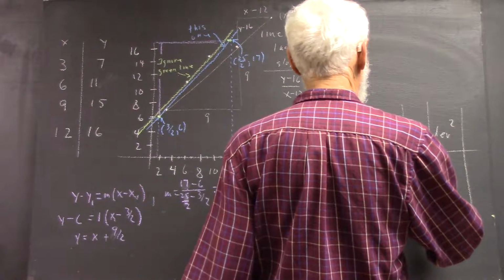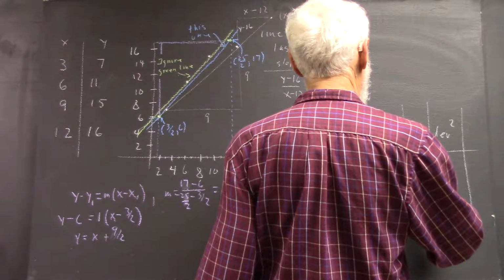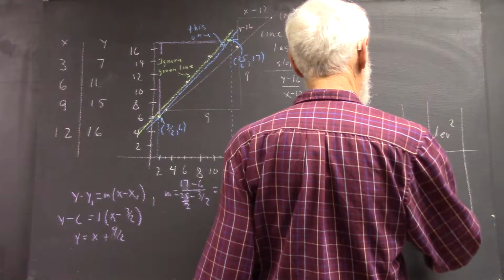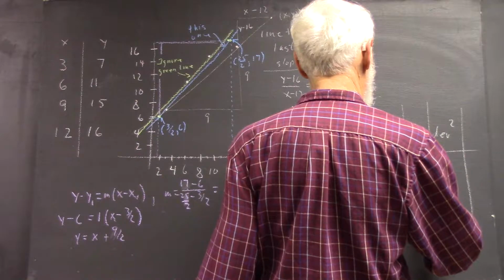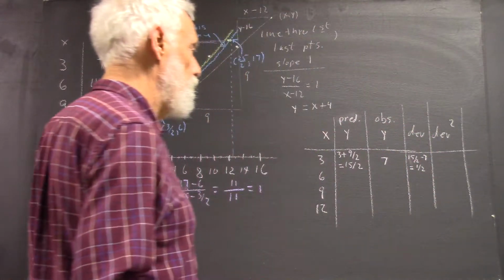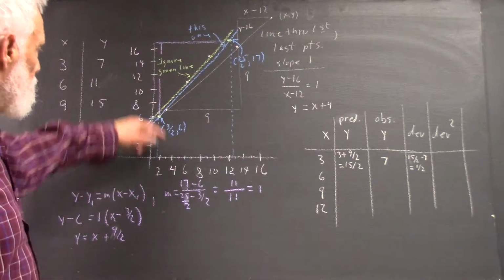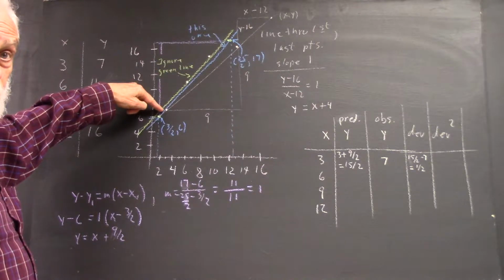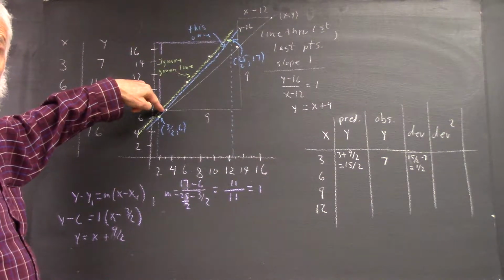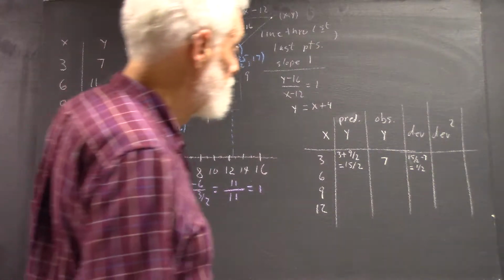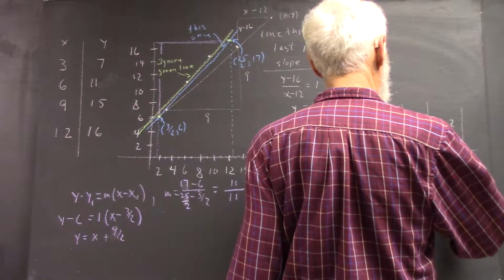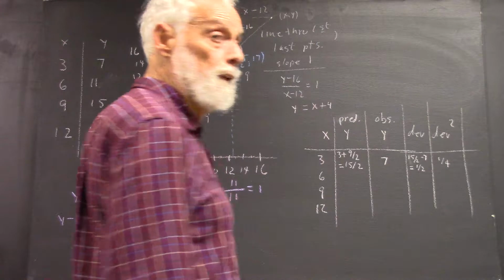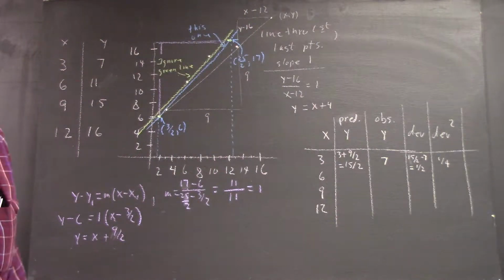Okay, yeah, we want the predicted value minus the observed value. And that's 1/2, because the predicted line is a little above the observed point, right? Okay? And the square of that deviation is 1/4. Okay? Make sense?